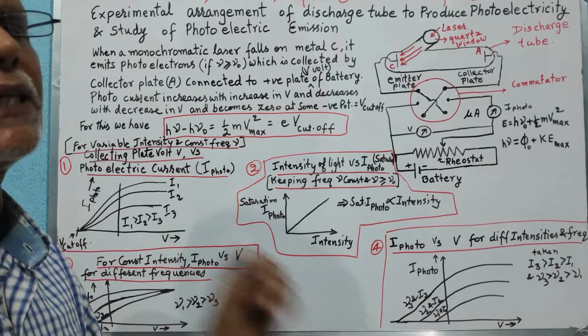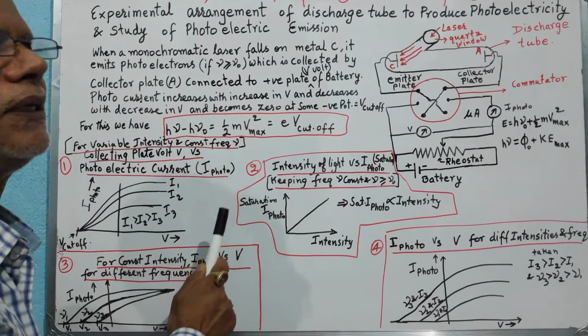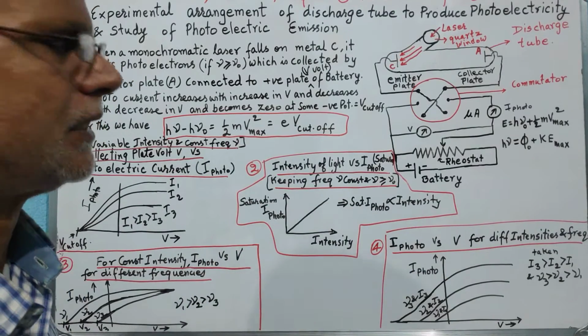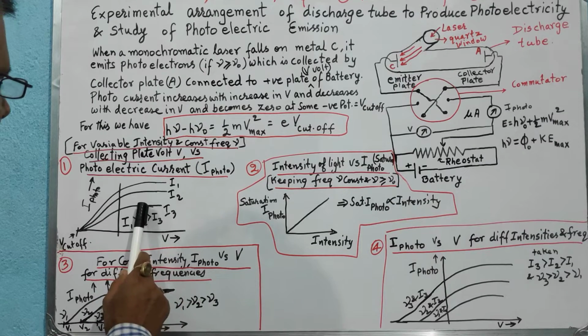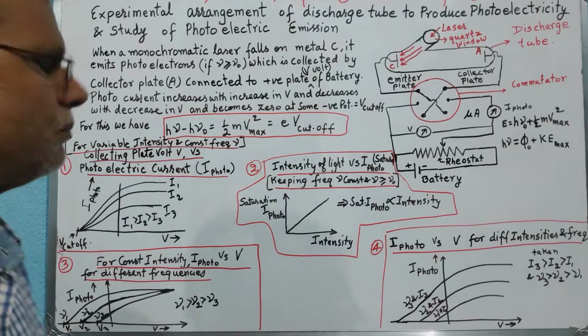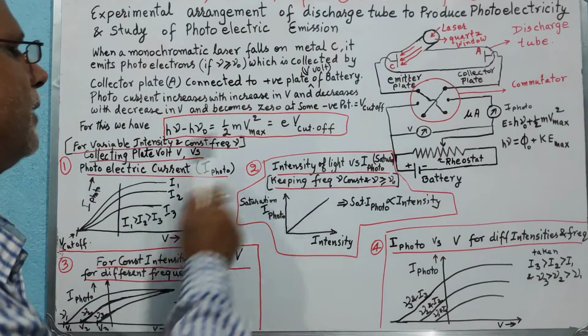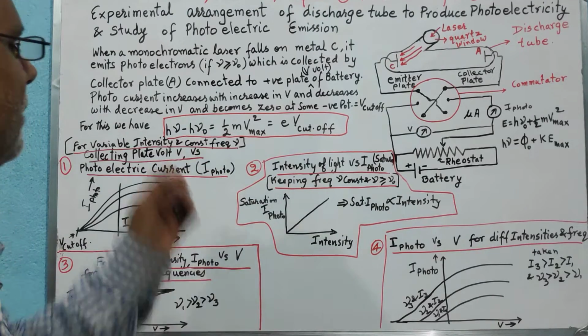After the saturation current is achieved, further increasing the voltage gives no change in current. So the saturation current is different for different intensities, but the cutoff voltage for all of these is the same, because that depends only upon the incident frequency for a given material.